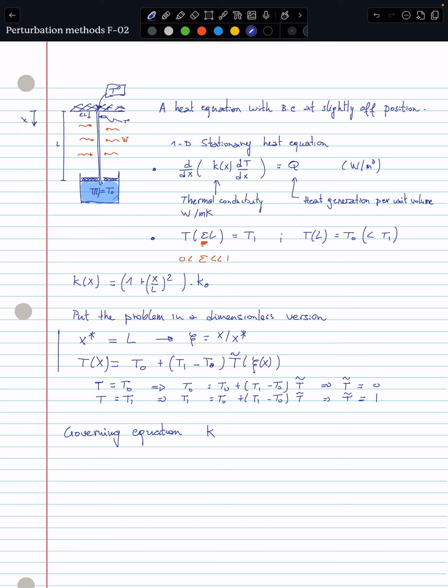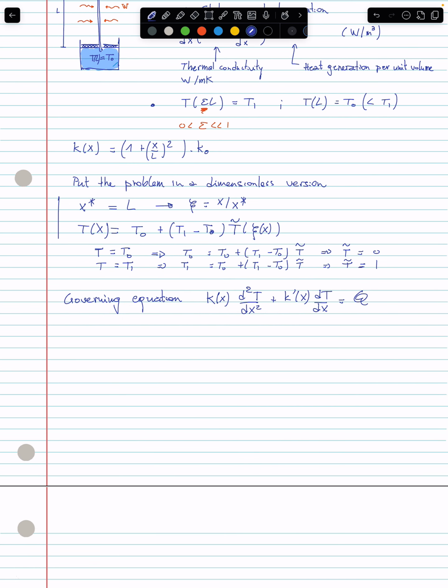I'm going to use the chain rule in order to expand this into something like this, plus the first derivative of k times the first derivative of T, and this is equal to q. If we want to rewrite this, I need to substitute for k its expression, but we still haven't computed the first derivative of k.